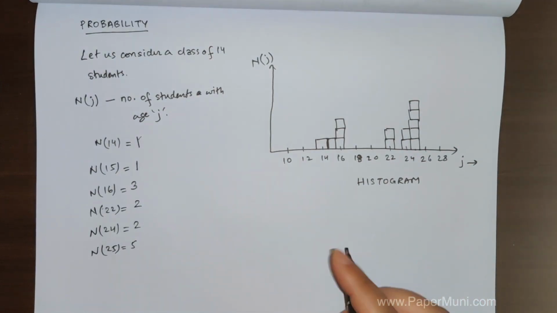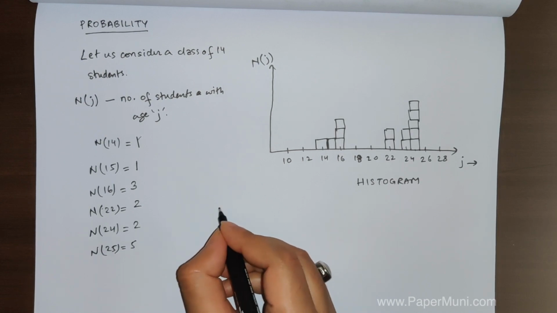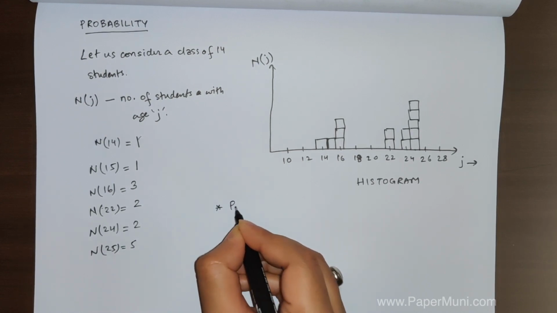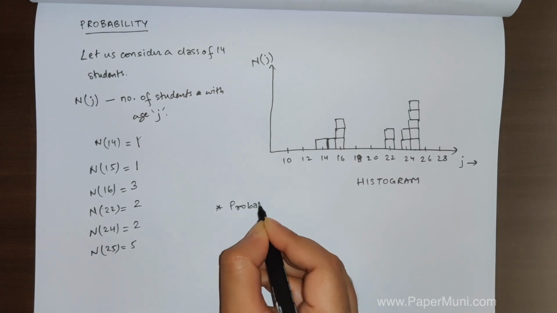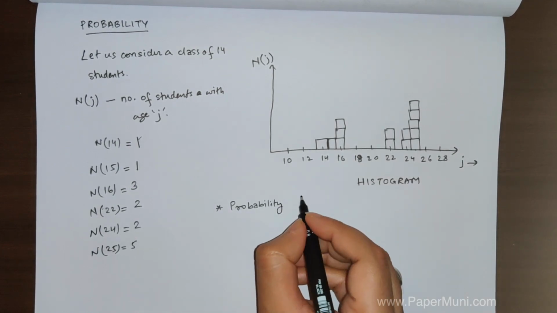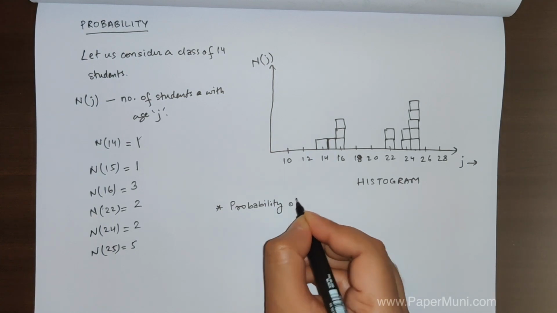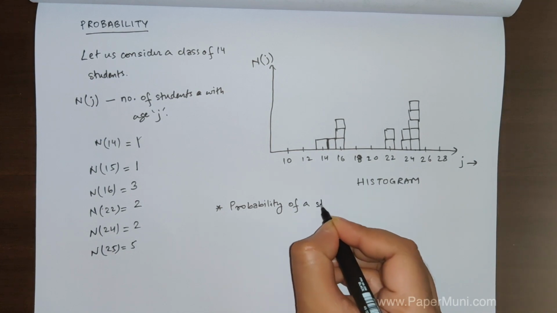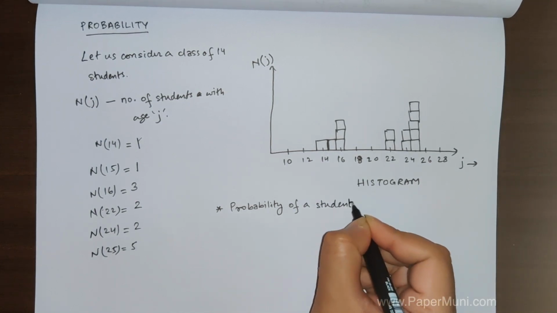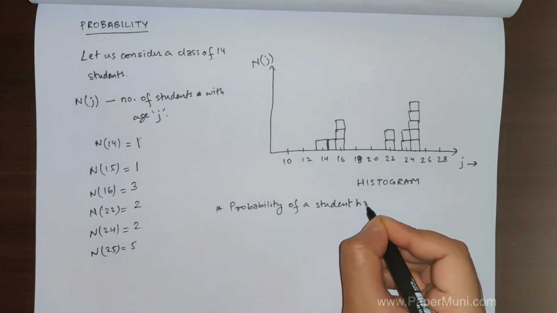Now let's find out the probability of a student having age 14. Probability will be defined in a separate course in mathematical physics; we'll just use the definition.